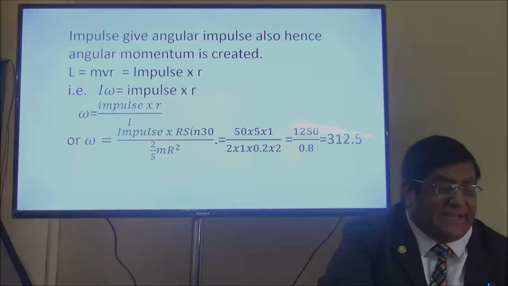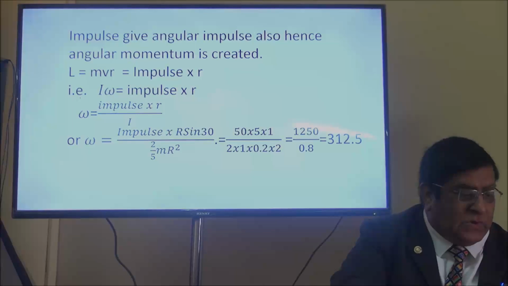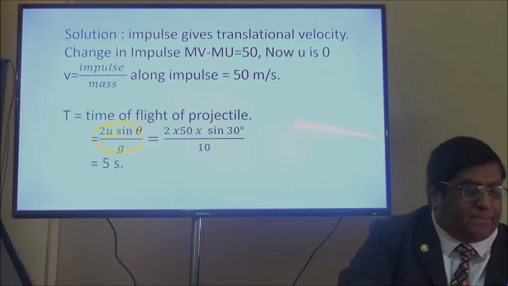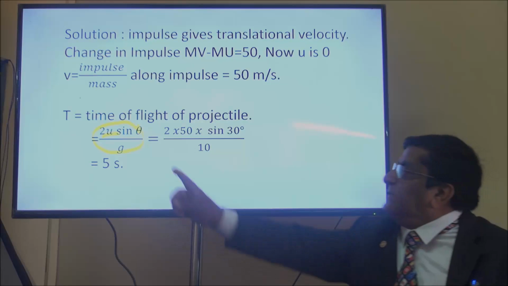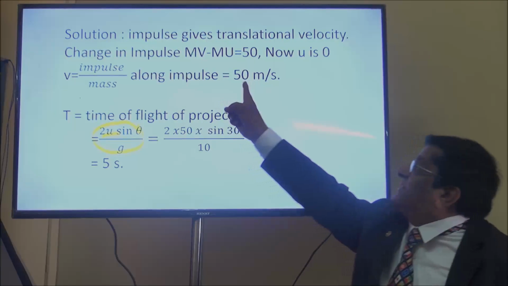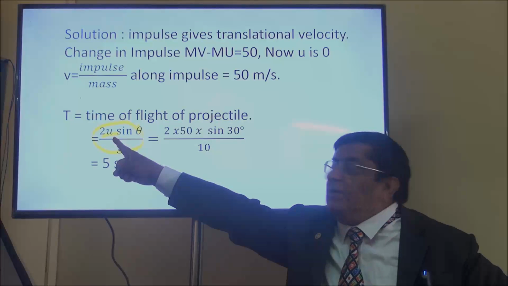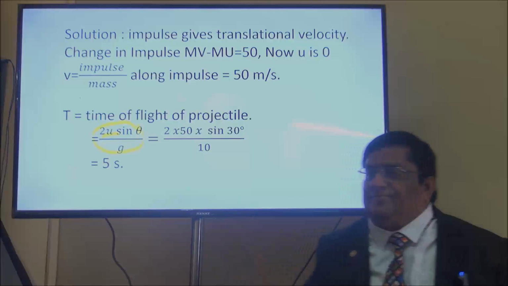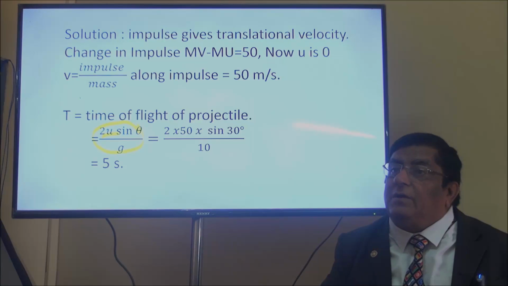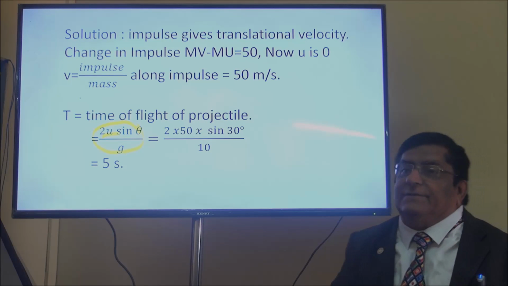Okay, what we need is impulse upon mass. This gives us the value of u, and here we have got u. How much is theta? 30 degrees.